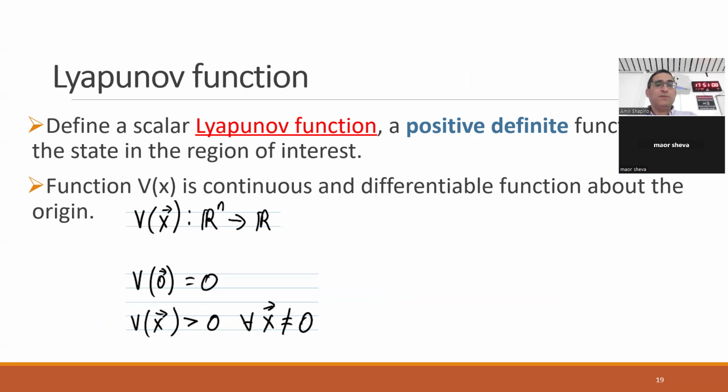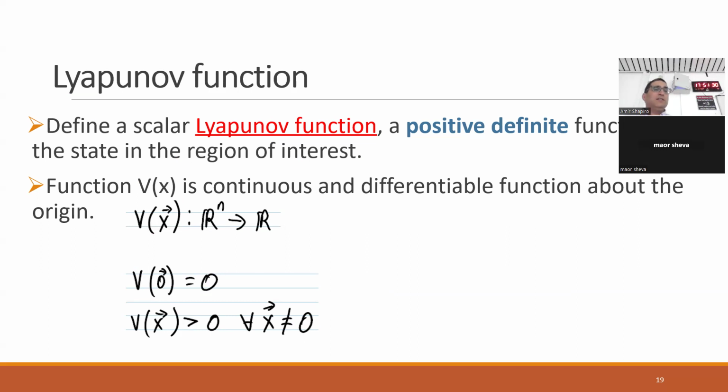It's not a vector. It's a positive definite function of the states, V of x, and it is a continuous, differentiable function.